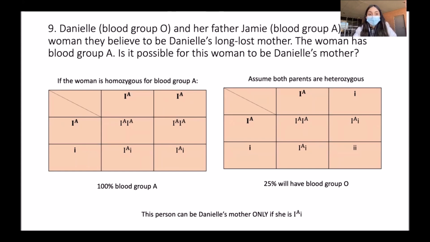And we know that person is blood group A. So let's say it's homozygous for blood group A. So that woman has big A, big A. And then we know the father has the genotype AI. So we're going to cross them. We're going to have A.